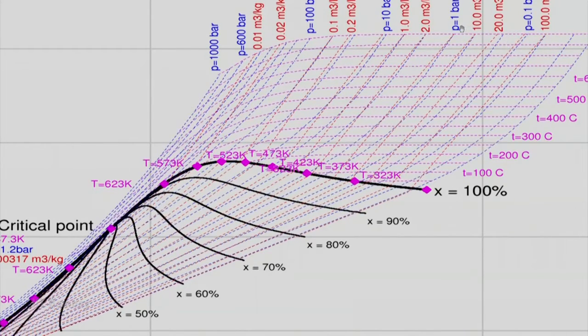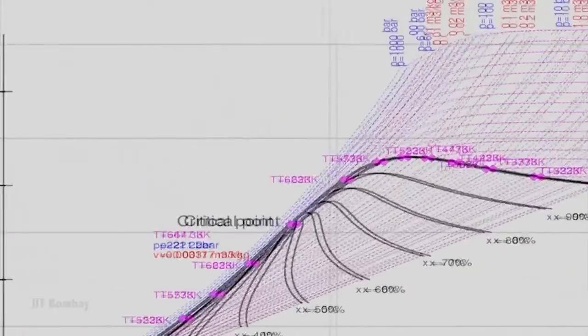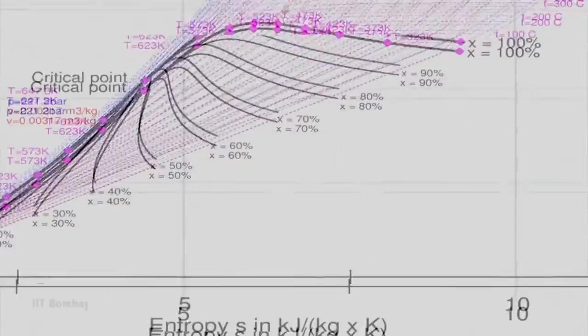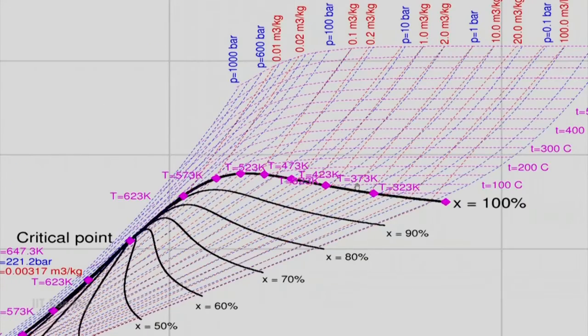You can see this 1 bar blue line comes over here and meets at 373 Kelvin, which is 100 degree centigrade. So, at 1 bar you have a Tsat value equal to 100 degree centigrade. Similarly, at various pressures and temperatures I can read the properties like this, and I can also read the entropy corresponding to a given point.